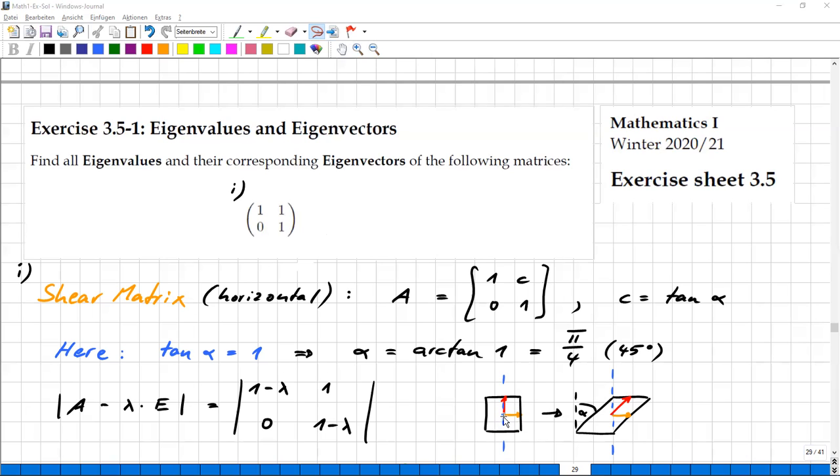So this is one valid basis of this vector space: the orange one to the right and the red one upwards. So if we look at this square, what would the result of a shear operation be in geometrical perspective? And this is what happens.